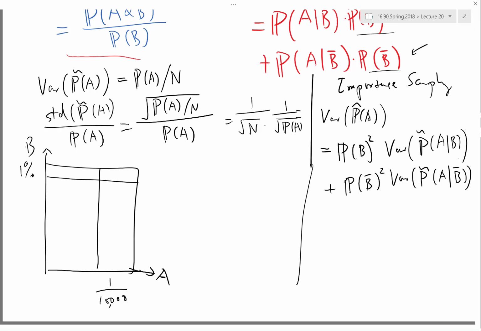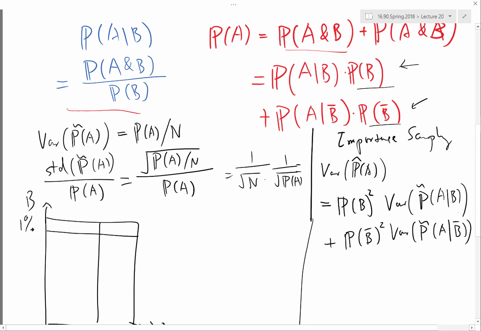Why do we have the equation of variance? Oh, here, right? This is because here, this is a random number, because we are having our estimate. The first term is a random number, the second term is a deterministic number. So the variance of a random number scaled by a deterministic number is equal to the deterministic number squared times the variance of that random variable.